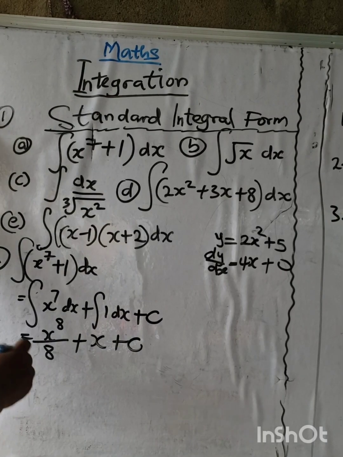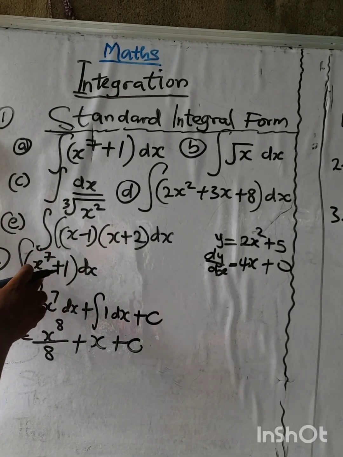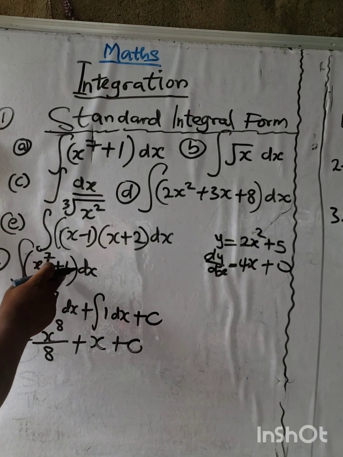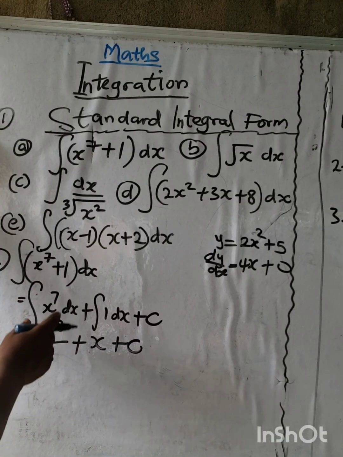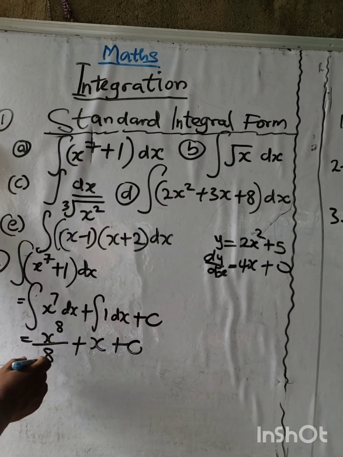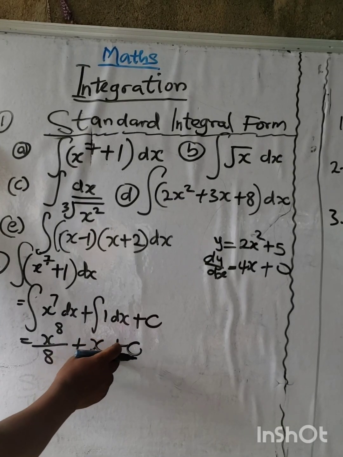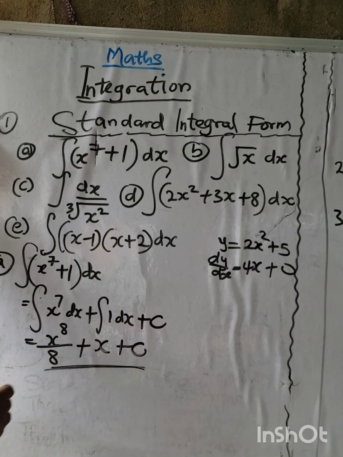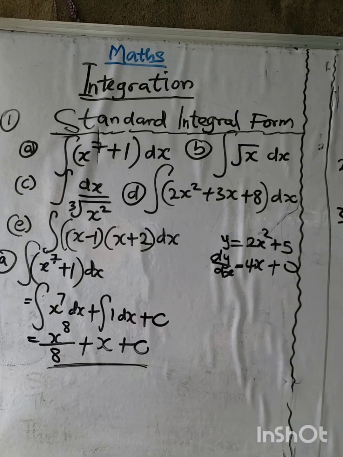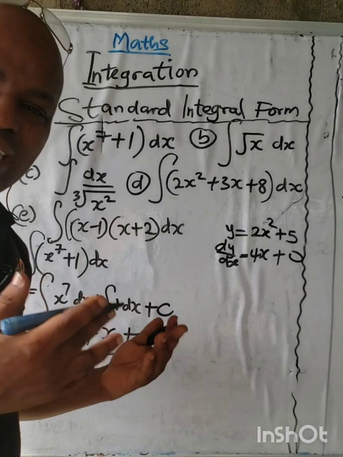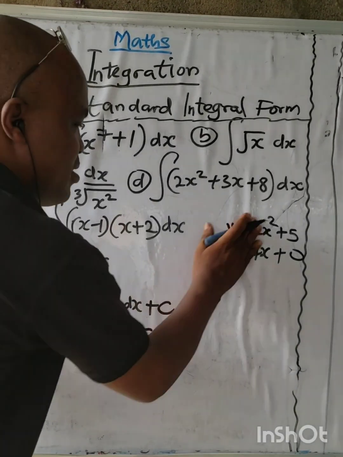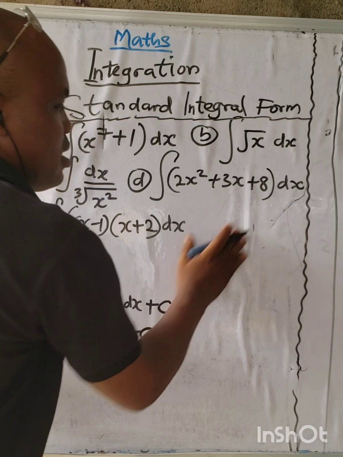Therefore, the answer for the integral of s raised to power 7 plus 1 is s raised to power 8 divided by 8 plus s plus c. This is our final answer. Can you see? It is very, very simple. I told you, integration is very simple.